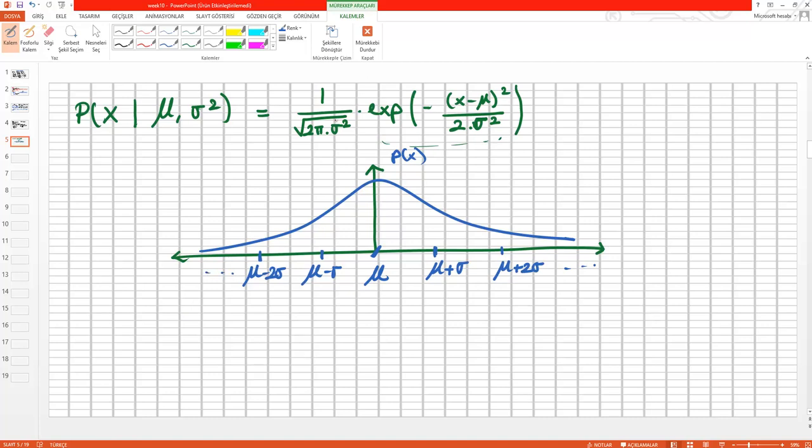And what about this term? This term only ensures that the integral of p(x) dx is equal to 1. This is the scale factor to make the integral equal to 1.